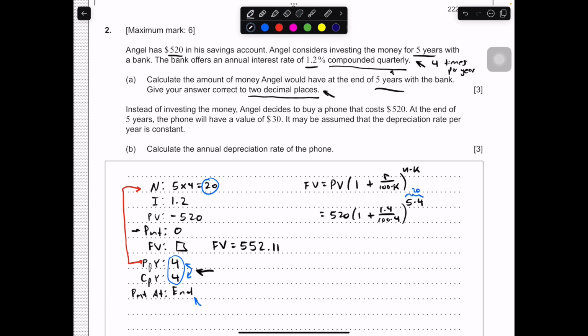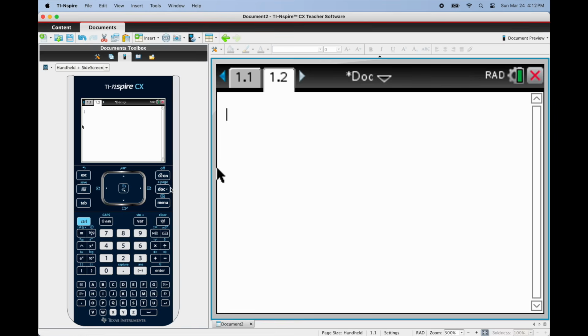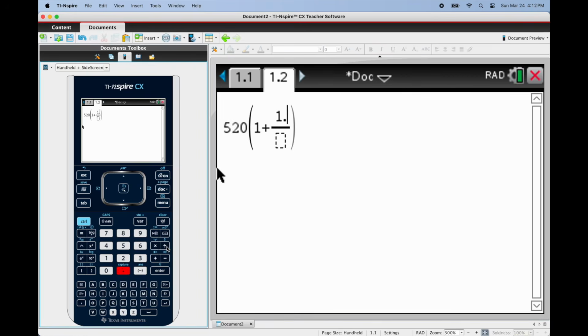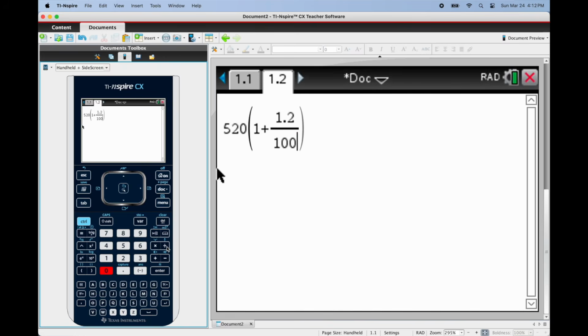Okay, let's work this out on the calculator. 520 times 1 plus 1.2 over 100 times 4, and then we'll raise this to the power of 5 times 4, or 20 if we wanted.